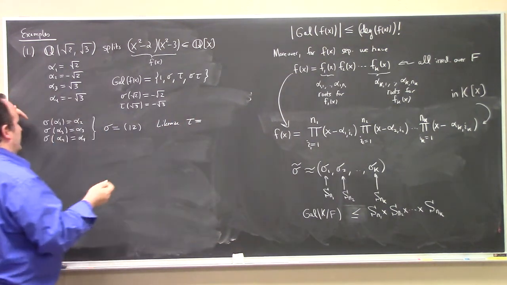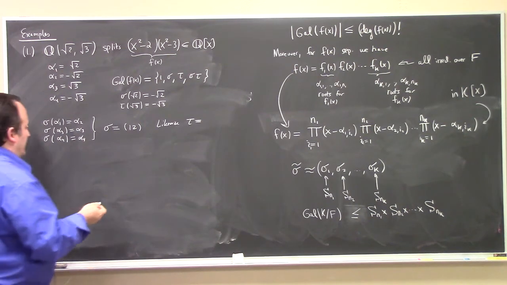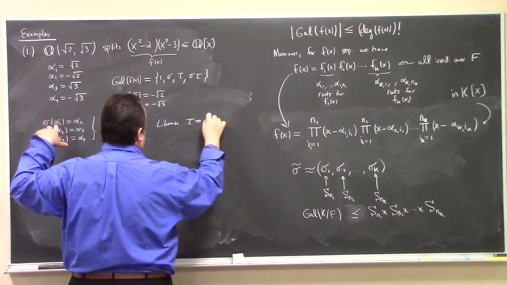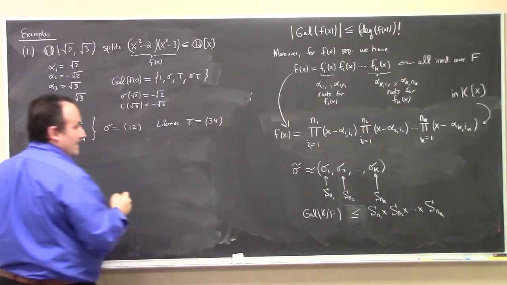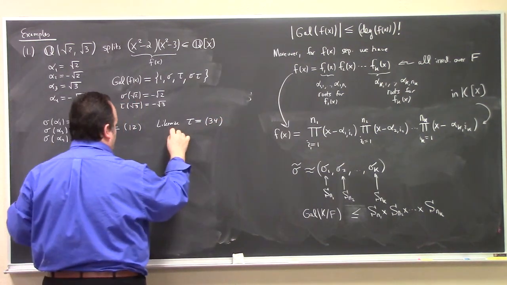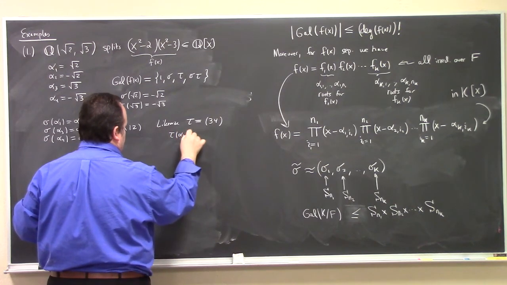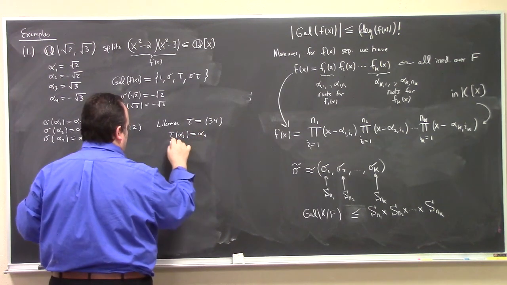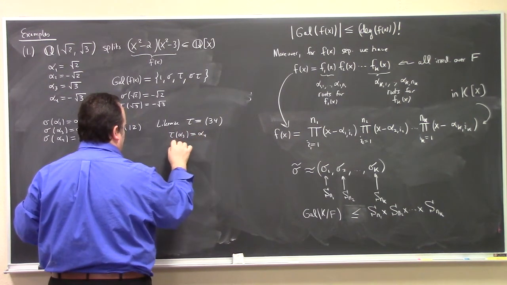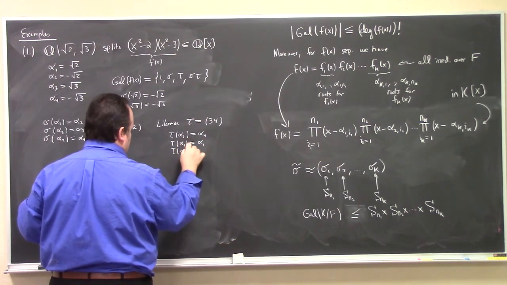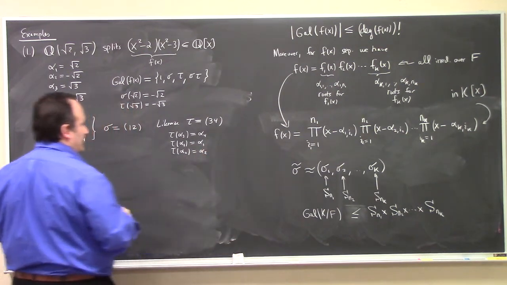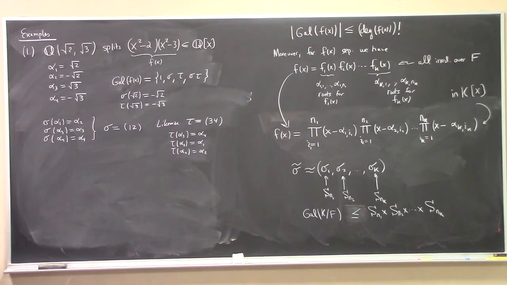Now tau, likewise, is the 3-4 cycle, since tau of alpha 3 equals alpha 4, and tau of alpha 1 is alpha 1, tau of alpha 2 is alpha 2, and of course tau of alpha 4 is alpha 3 as well.